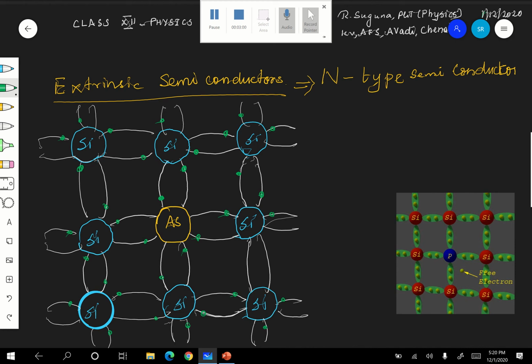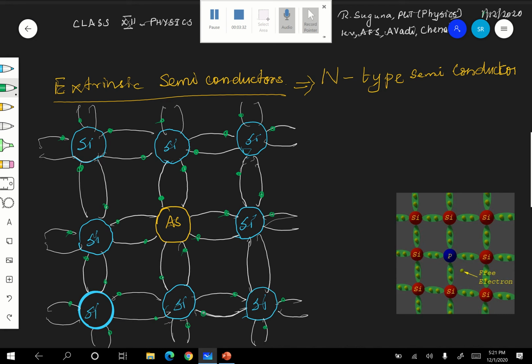Whatever the semiconductor is, only one part of pentavalent atoms is added to a million parts of tetravalent semiconductor atoms. You cannot just add as you like. It has to be added in a controlled manner, so that the characteristics of the semiconductor are not distorted. That is very important.